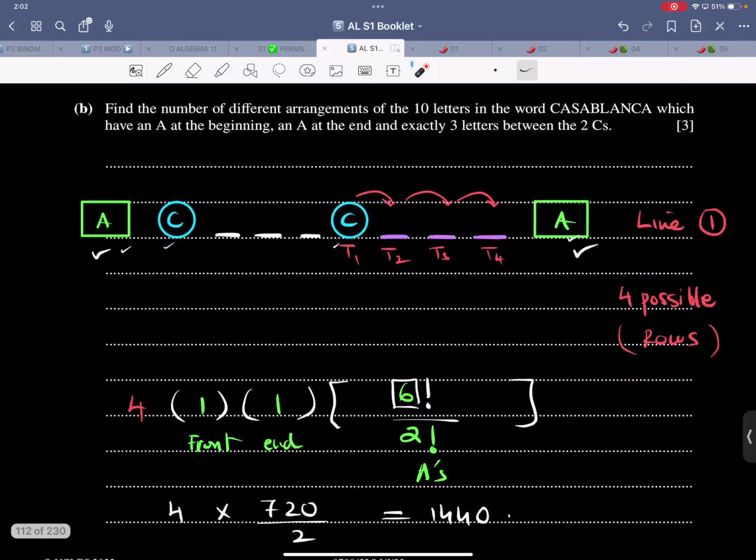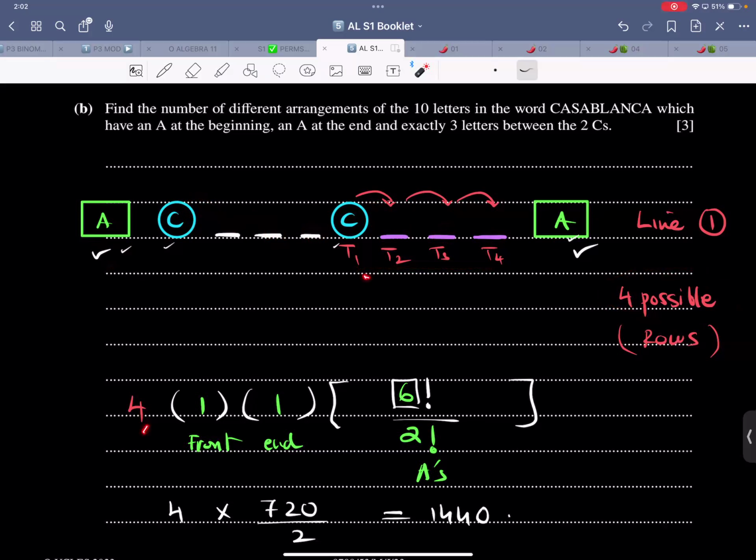Let's start with the first option. That is C, 3 spaces, a C, and then the other letters. If I move this one over here, this one will move here. That's the second option. Then the third option, this one will move over here. Then the fourth option, this one will move over here. And then there are A's guarding at the front and the end. So there are 4 possible rows.